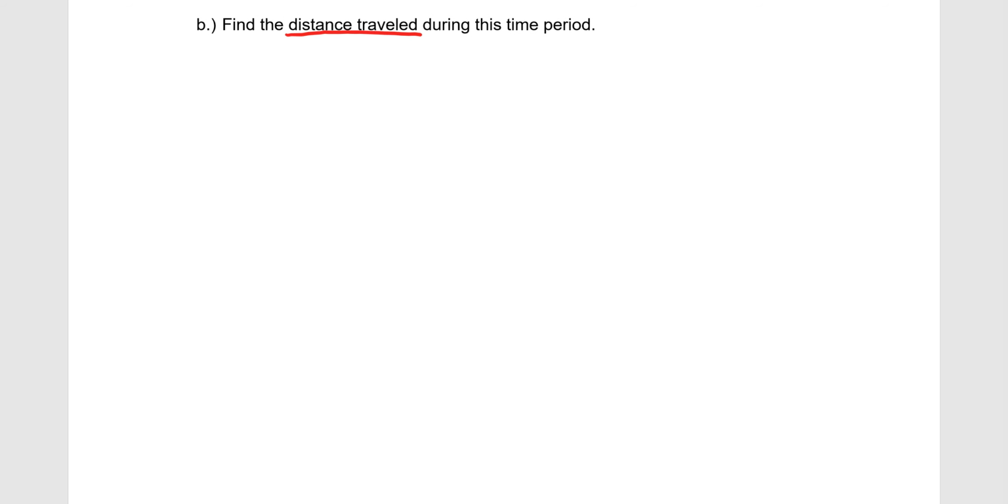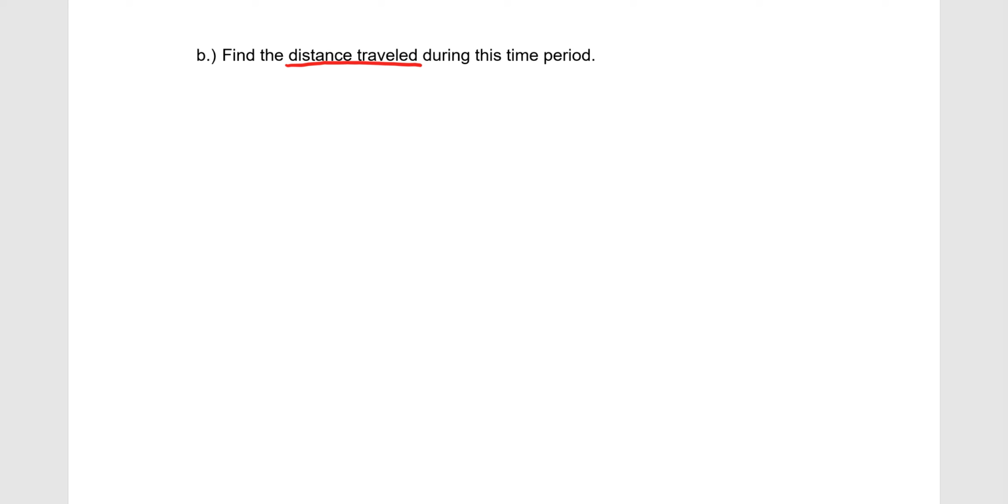So our goal here is to find the integral from t1 to t2 of the absolute value of our function v of t. So what we need to do first is find where v of t is negative, and then we're going to integrate it and then make that answer positive.